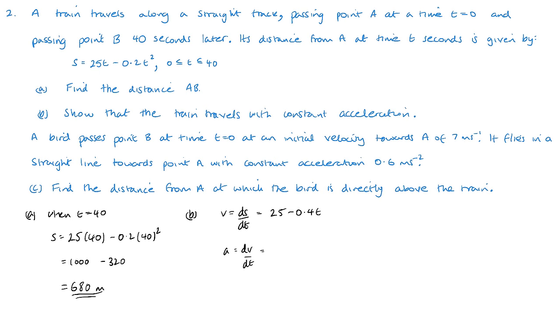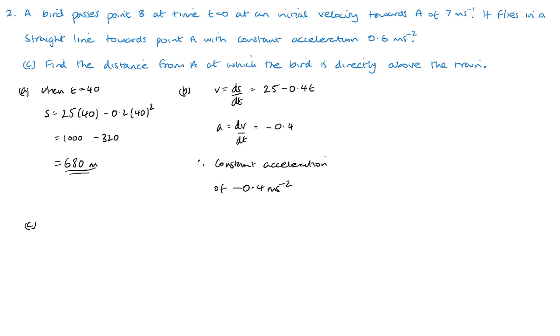So it's going to be 0 minus 0.4. Now the t disappears. Okay, the t disappearing means that this acceleration is just a constant value. Therefore it has constant acceleration. So the train has constant acceleration of minus 0.4 meters per second squared.